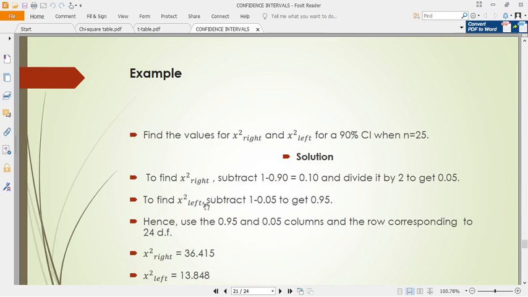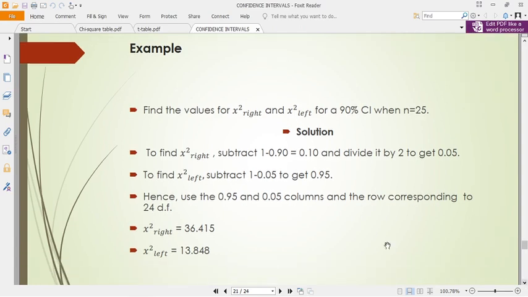So to find x squared left, we subtract what we get as alpha over 2, which is 0.05, from 1. So that will give us 0.95. Hence, we use the 0.95 and 0.05 columns, and the row corresponding to 24 degrees of freedom, since our n was 25.